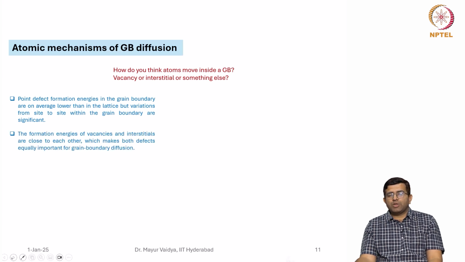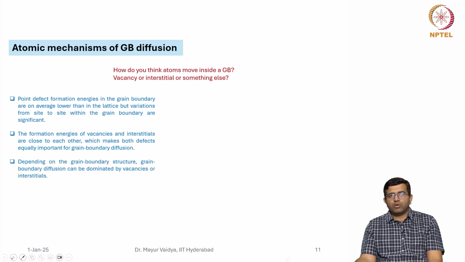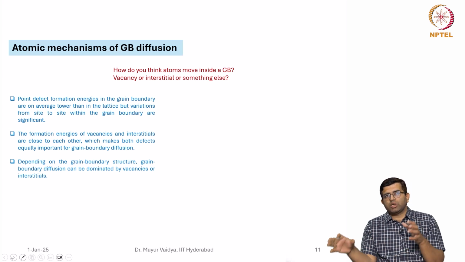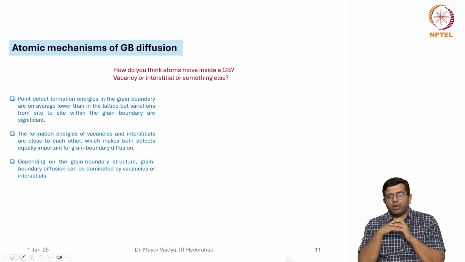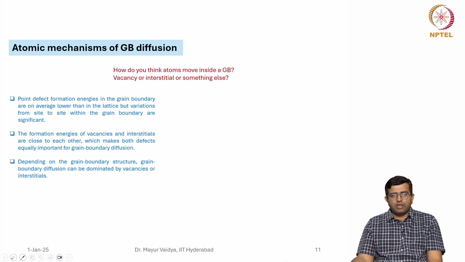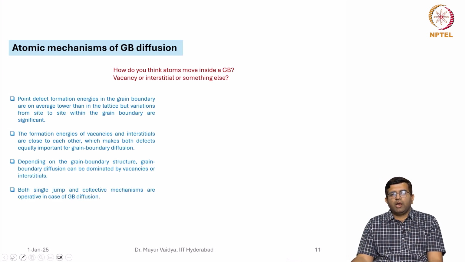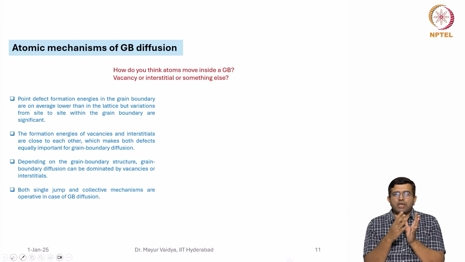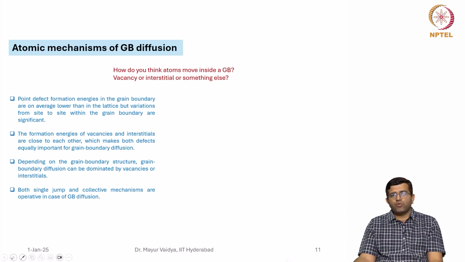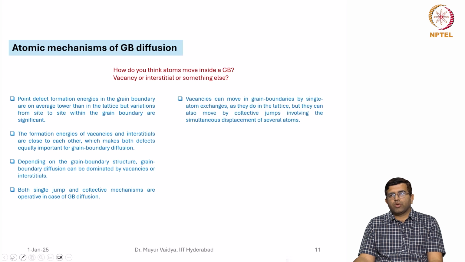And the formation energies of vacancies and interstitials are close to each other, and therefore, both are important within the grain boundary. Depending on the grain boundary structure, the grain boundary diffusion can be dominated either by vacancies or by interstitials. And you can have both single jump and collective mechanisms operative in grain boundary diffusion.